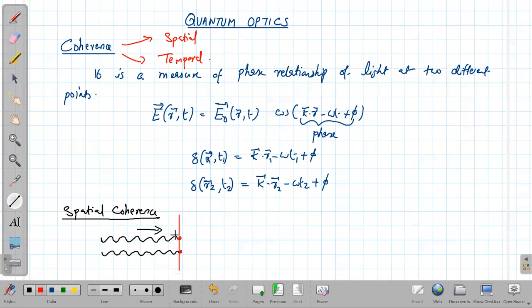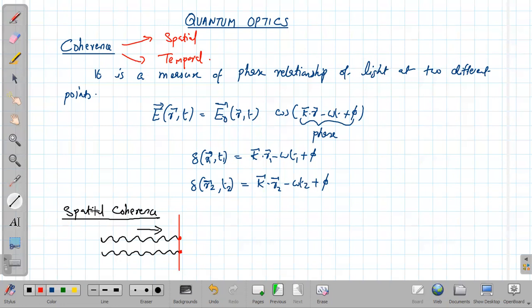If there is any definite phase relationship between these two points, then we say they are spatially coherent. If the source is spatially coherent, then up to that distance the wavefront would be flat. The wavefront will remain flat up to the distance over which the light is spatially coherent.